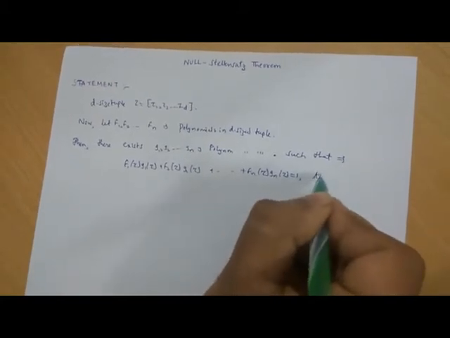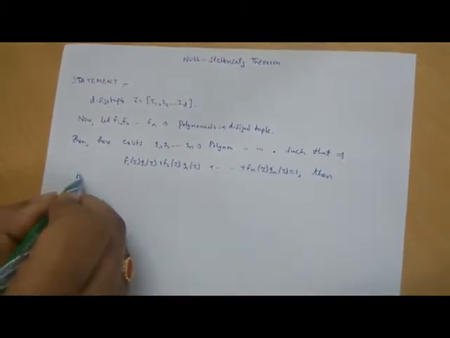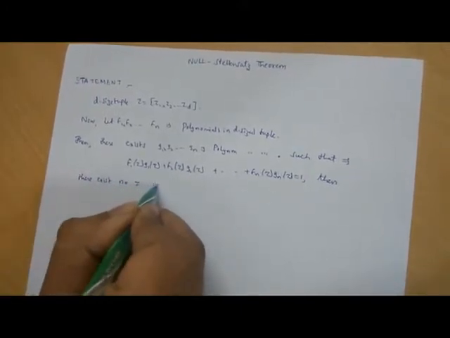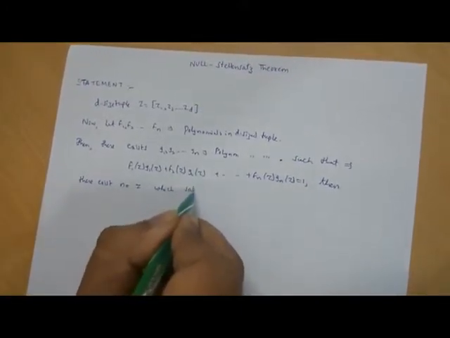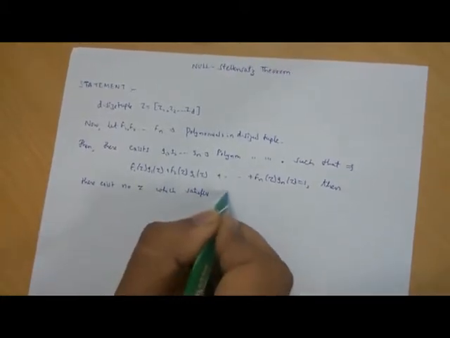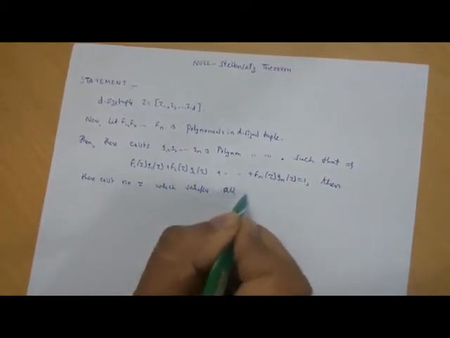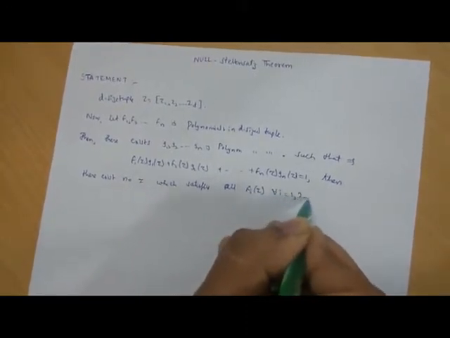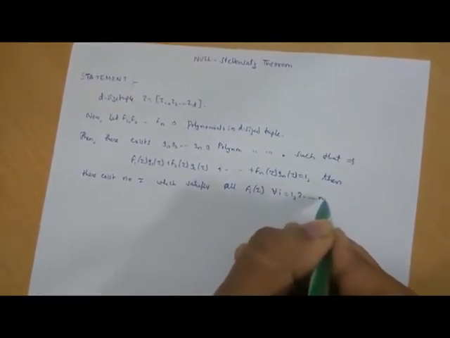Then there exists no z which satisfies fi(z) equals 0 for all i equals 1 to n.